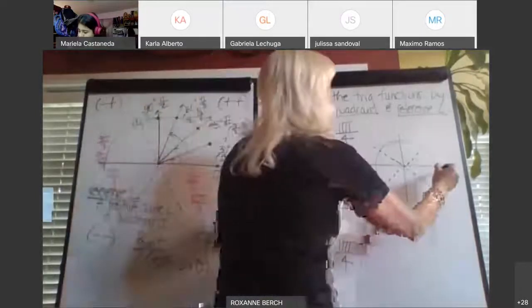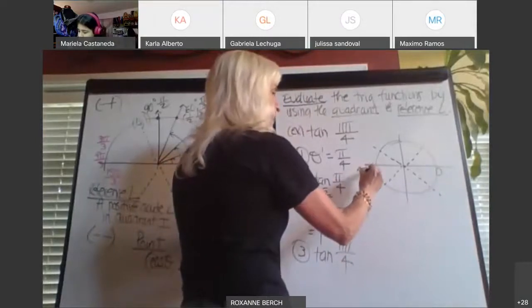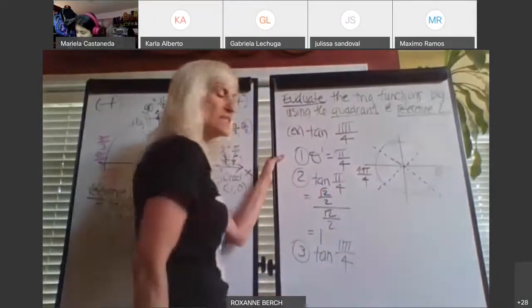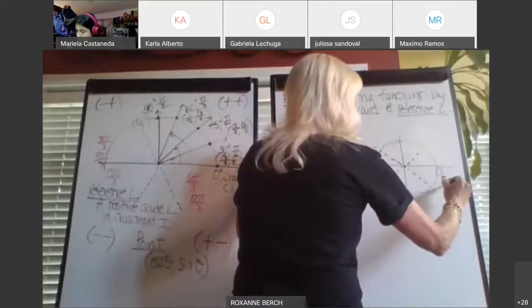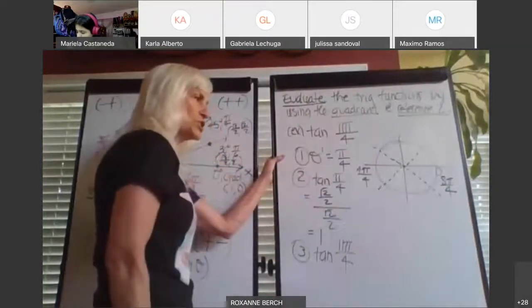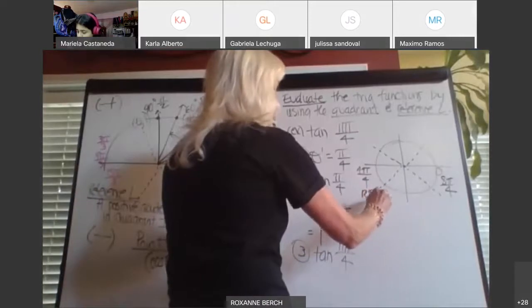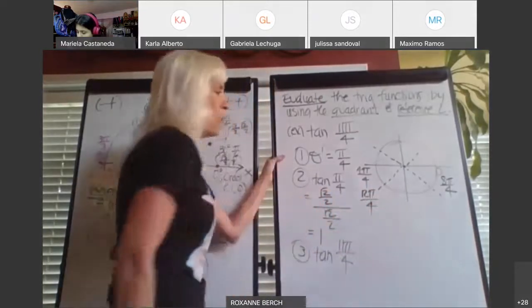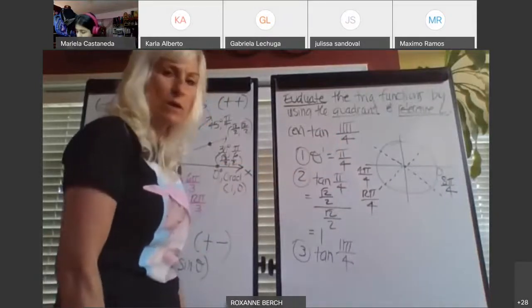But I'm not going to do that. What I'm going to do is say, okay, that's 0 radians, and this is pi, which would be 4 pi over 4 radians. If I go a full revolution, it's going to be 8 pi over 4 radians. And if I go another half revolution, 4 more would be what? 12 pi over 4 radians? See how 12 pi over 4 is near 11 pi over 4?